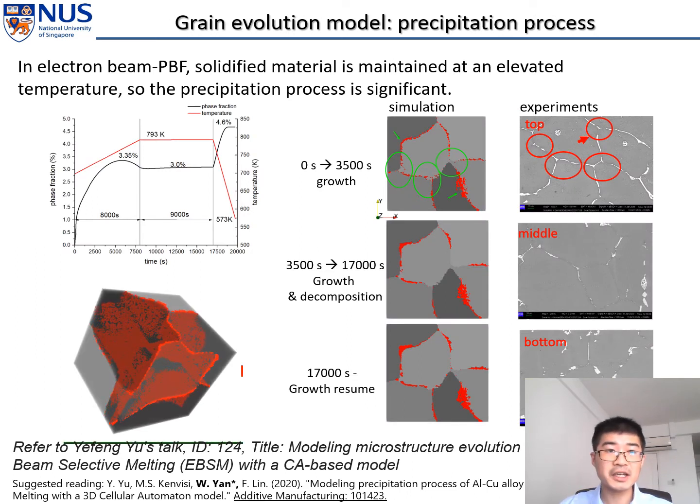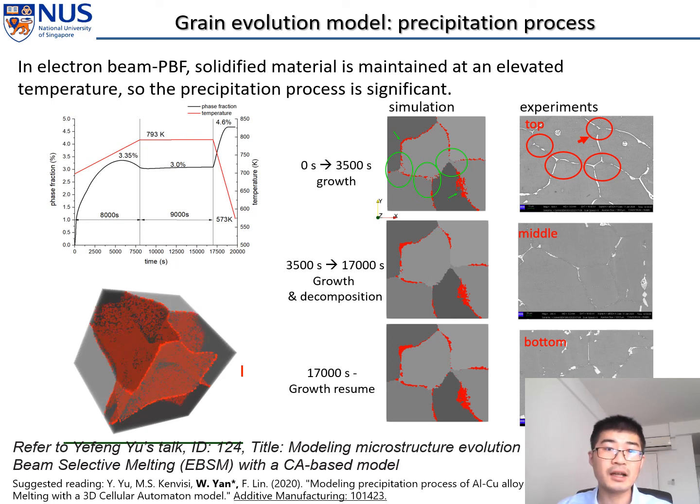Besides the solidification, in electron beam additive manufacturing the solid state phase transformation is also significant because the solidified materials will be maintained at an elevated temperature for quite a long time. So especially the precipitation process is significant.